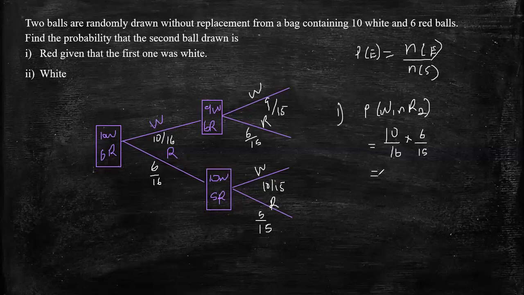When we do the calculations, what do we get? 10 times 6, and then 16 times 15. We can still use the chart, or we can do all of it at once. Teacher, the general answer is a quarter. Is a quarter.